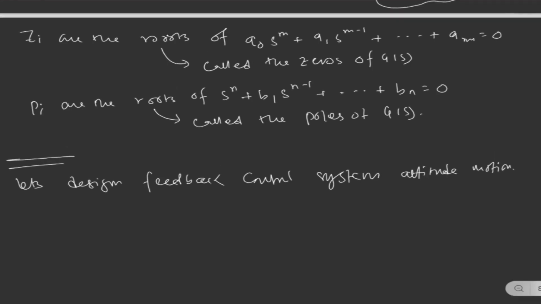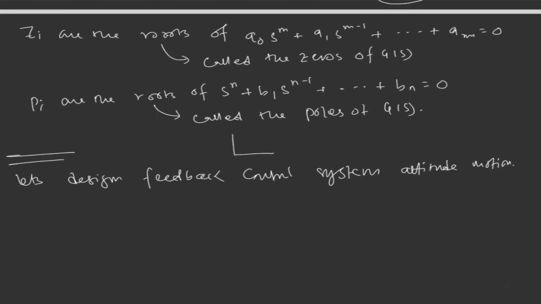Because if you consider we have a controller, let's assume G_C, which will be giving the input to the plant u(t), to the transfer function G_P(s) for the plant, and this is my output y(t), which is nothing but theta(t).